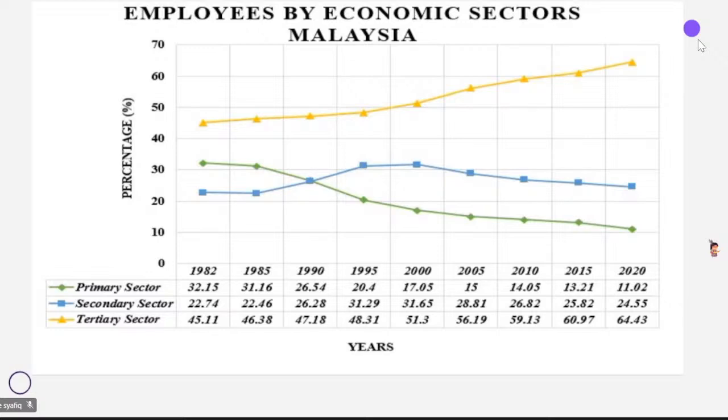This gives us a clear picture that whereas in previous years Malaysia used to emphasize the primary sector as one of the important economic sectors in encouraging its increase in GDP, now Malaysia's economy has been transformed to an economy which emphasizes the secondary and tertiary sectors, and it is not as before, when we emphasized primary sectors. So I think that's all from me.